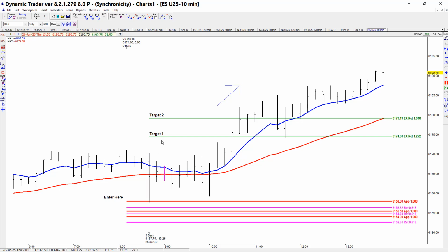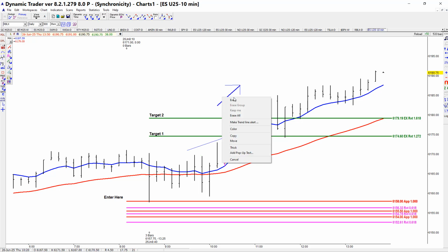Now look what happened. It met the first target on the upside at 61.74 here. Then it meets the second target. Well, I should show you exactly where it's meeting it. So here it meets the first target. That's a bar. I use lines instead of candlesticks.